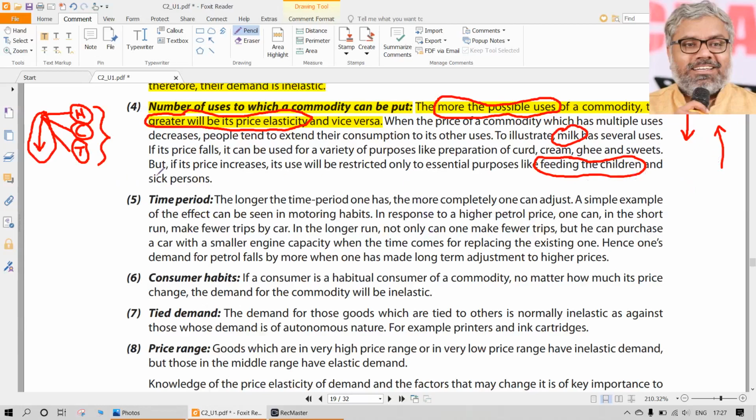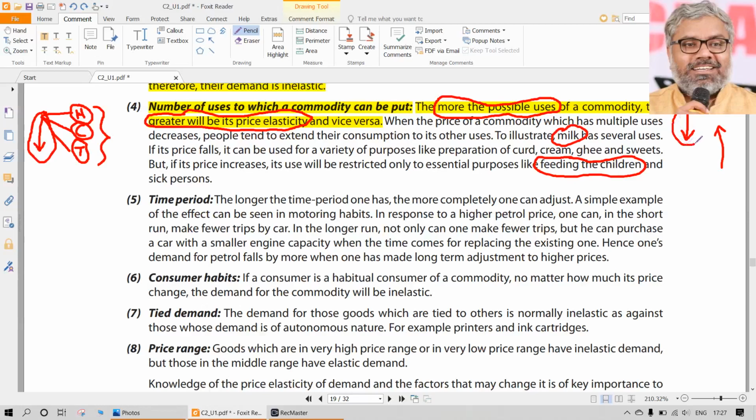Like that, they might restrict the usage. If the price is very high, if it is unaffordable, then people will stop using the product for other purposes. Luxurious purposes like making rasgulla may be reduced. So the demand for milk will also reduce because it is price elastic.